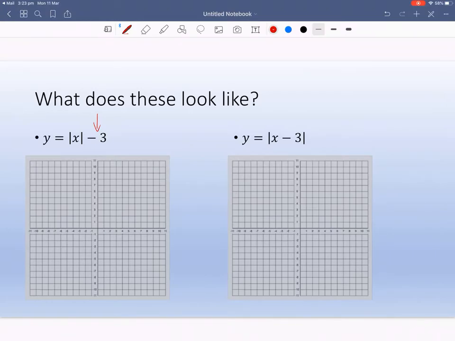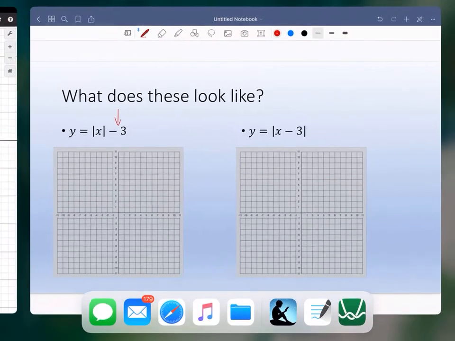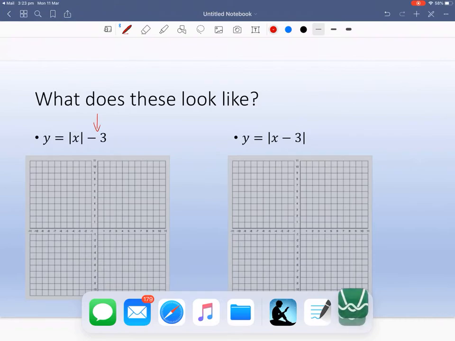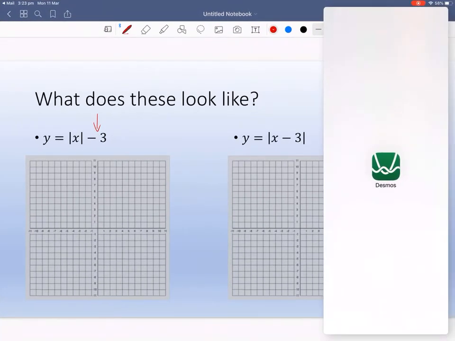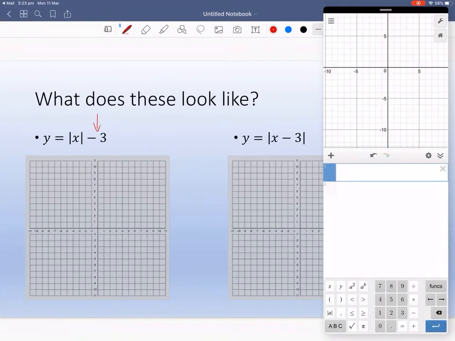Okay, let's try it out using Desmos. Now I'm going to try something that I saw that we could do. So I'm going to bring up Desmos here, and I'm going to go y equals absolute value of x, and that's what we got in the previous slide. Now I'm going to go minus 3 and see what happens.